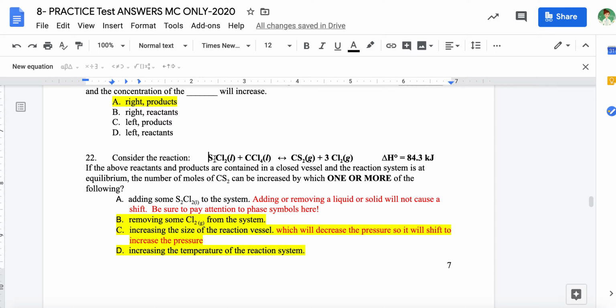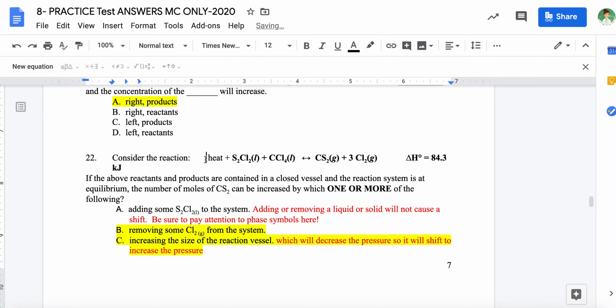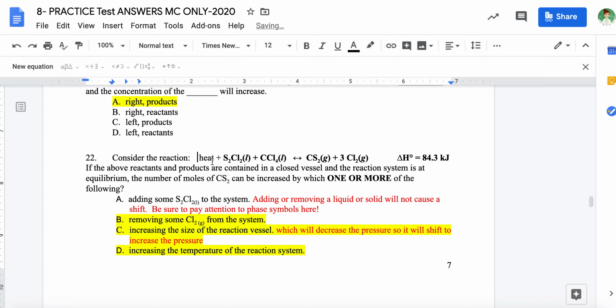So one of the things that you can remember to do is, like I said before, always add in that word heat in your balanced equation. There we go. We see it here. We see it as endothermic. Take a second, add the word heat in. So now you know I'm treating heat just like a reactant. If I add more reactant, I'm going to make more product.